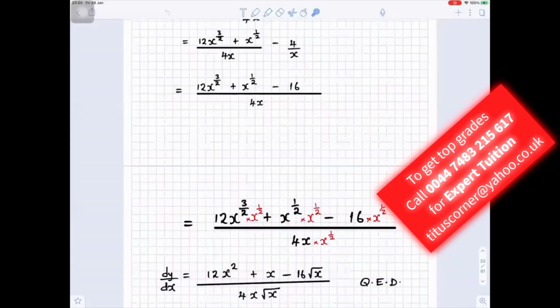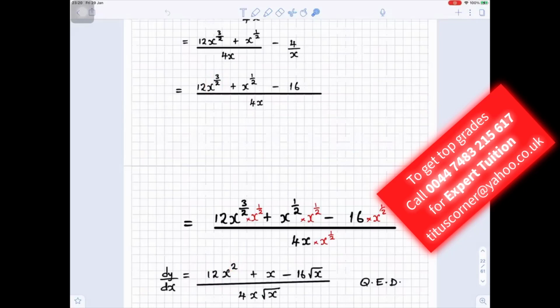So now that is our answer, but we want to change it to look like what it says in the question. So what can we do? We want to get 12x squared. What do we times 3 over 2 by to get x squared?